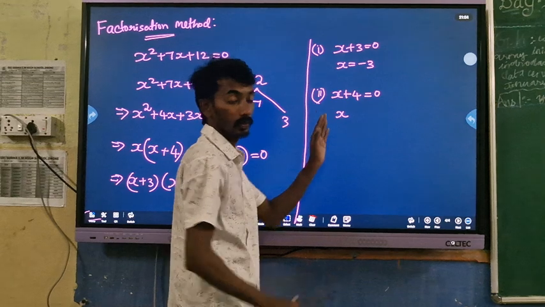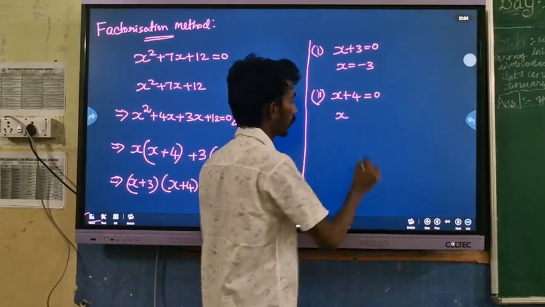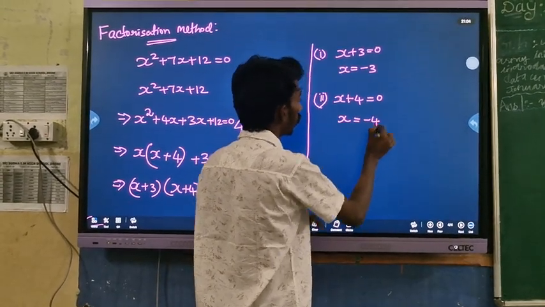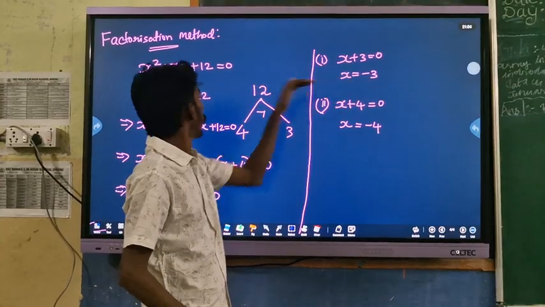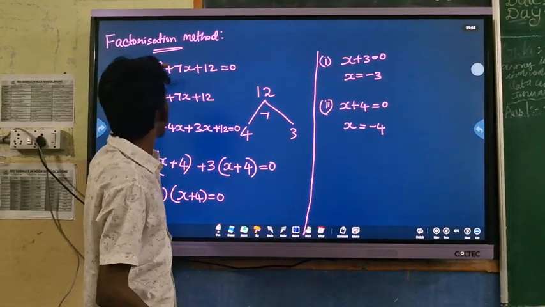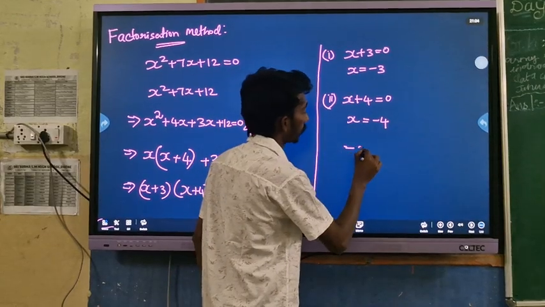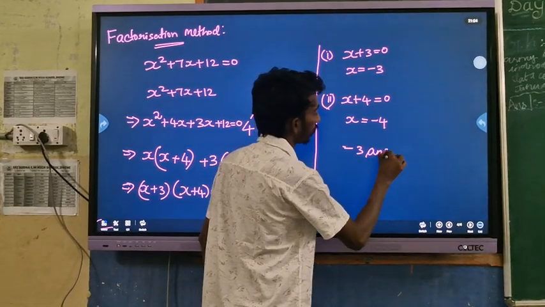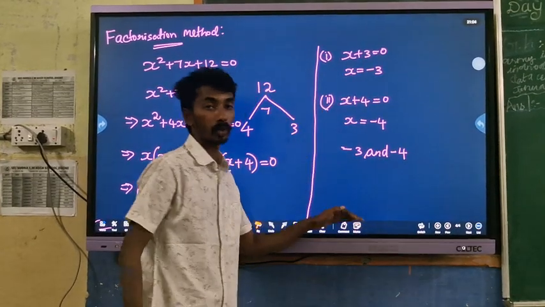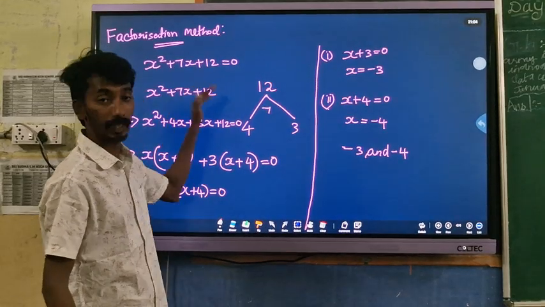So plus 4 goes to the other side and changes to minus 4. So the roots of the quadratic equation are minus 3 and minus 4.